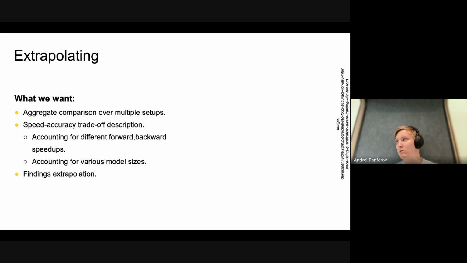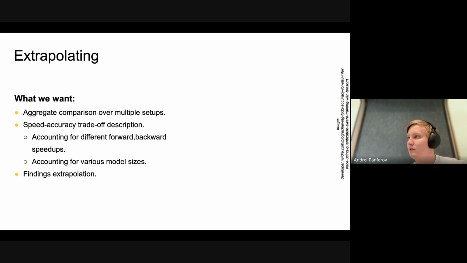So what we might want to do to compare different methods is design a framework which would allow us to more accurately describe this accuracy to speedup trade-off, and ideally not only for some fixed model sizes and fixed training durations, but rather in some aggregate way that would take into account possibly different speedups for forward and backward pass of the method that you're using, possibly various model sizes and training durations for the models that you're training.